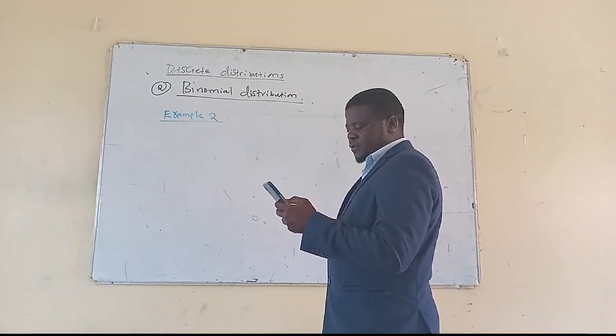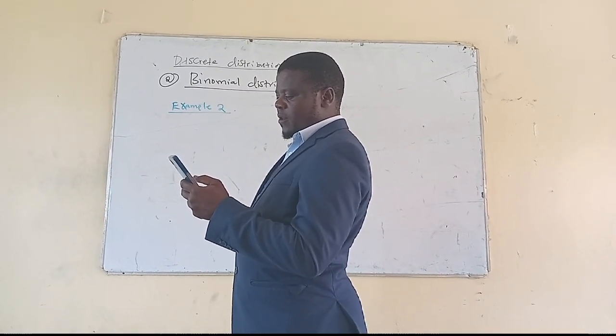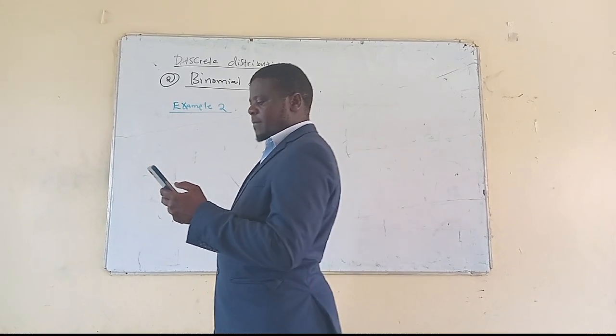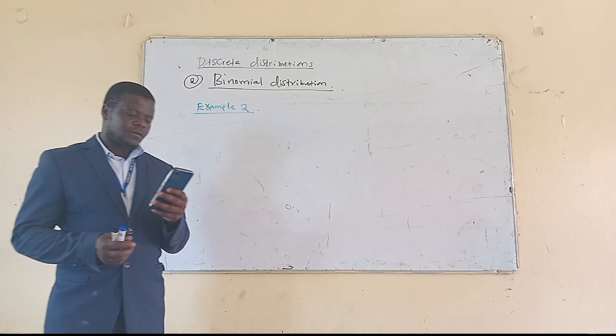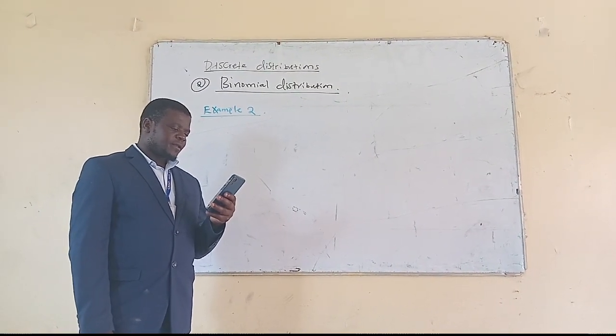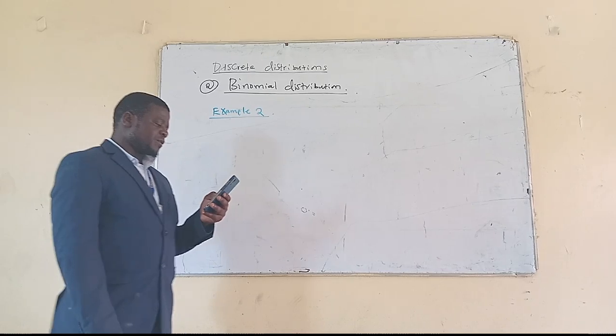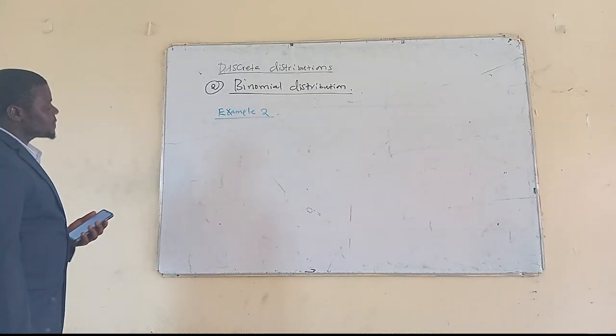Now you are asked to tabulate and plot the probability mass function of the number of eggs which hatch.